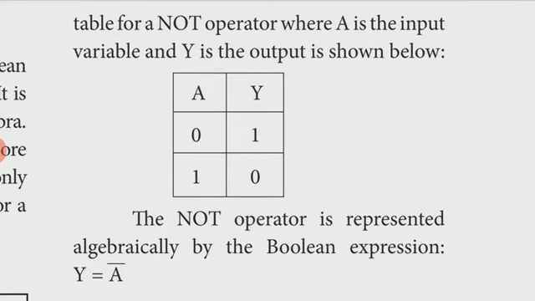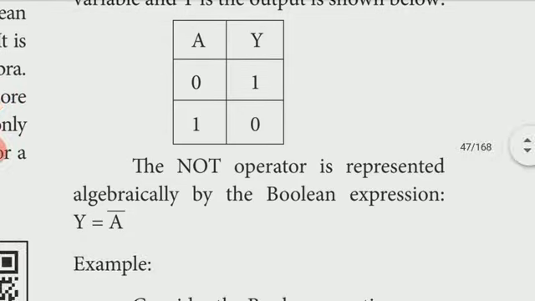If input A is 0, output becomes 1, and if the input is 1, output becomes 0. This is called the NOT operator, and we can express that using y equal to a dash. We can call it a dash or a bar.